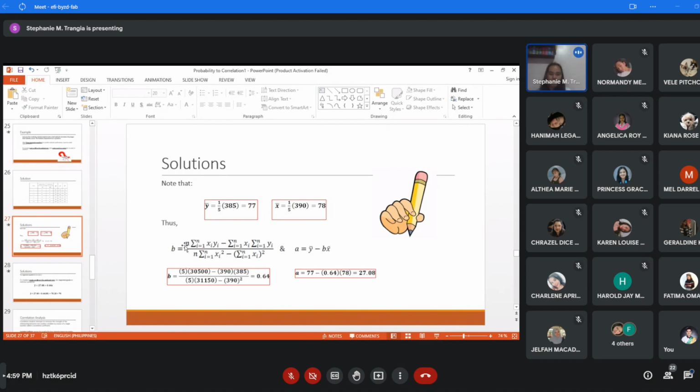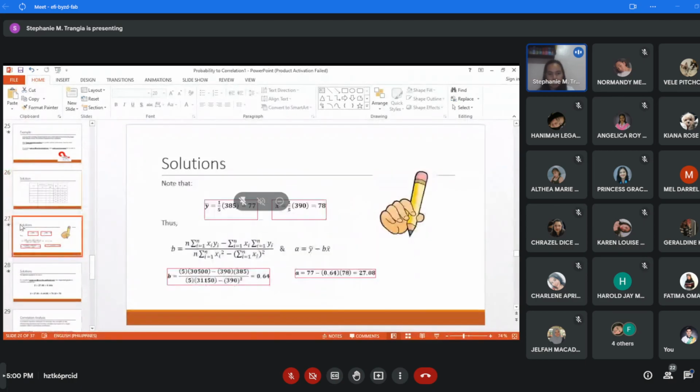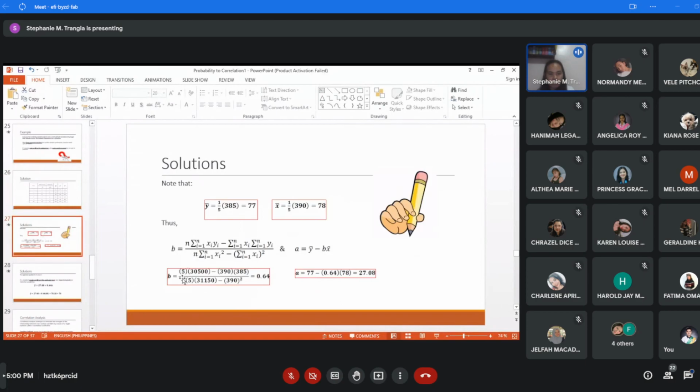The summation of XiYi is 30,500 based on the previous value. Then, 390 is the sum of X. Then, 385 is the sum of Y, over N, that's 5.